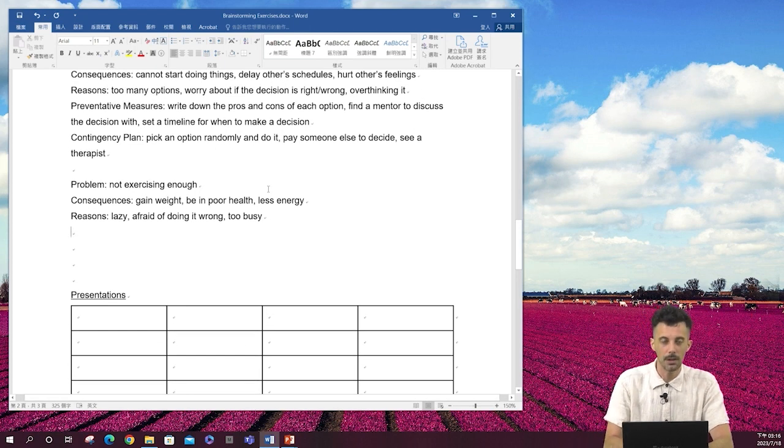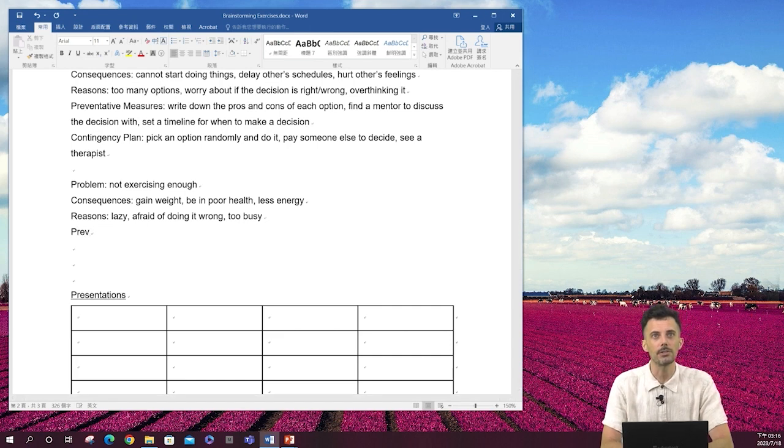Okay. Preventative measures. Remember, these are long-term habits, not like just not being lazy. So what is a preventative measure that can prevent you from being lazy with exercise?